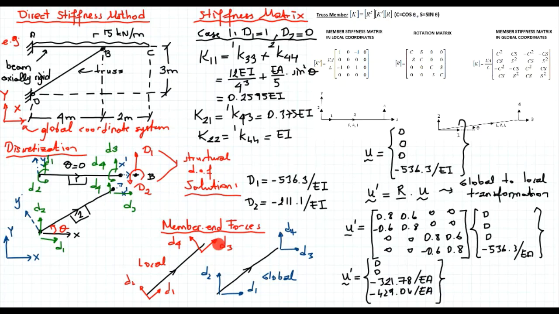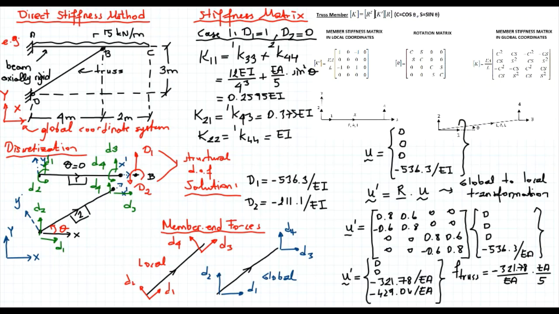What I know is, in the 3 direction, the translation is 321, and in the d4 direction, it's 429. If I want to calculate the thrust force, the total compression or shortening of this member, since d1 is equal to 0, is equal to the value of d3. So the shortening is minus 321.78 divided by EA, multiplied by the axial stiffness of the truss, which is EA over L or EA over 5.